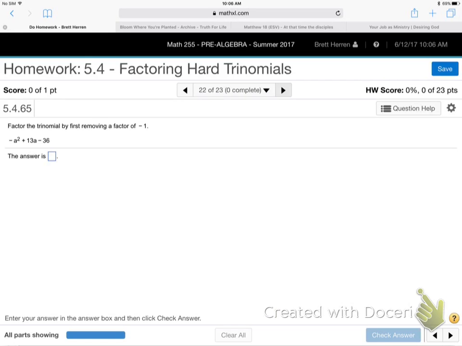Okay, so you're going to go minus a squared plus 13a minus 36. All right, actually, let me move this up a little higher, get a little more room here. Minus a squared plus 13a minus 36.